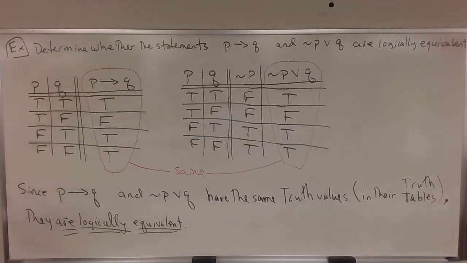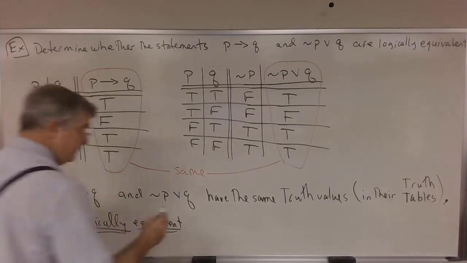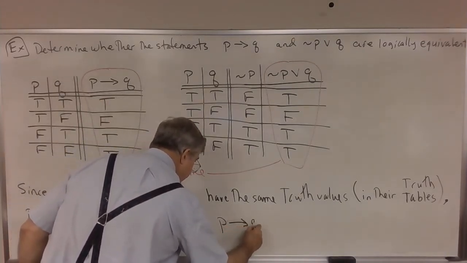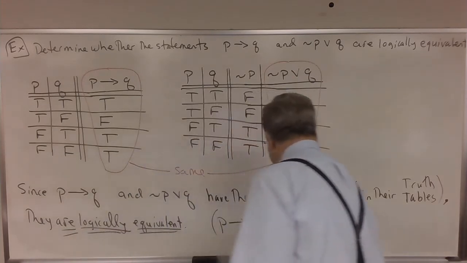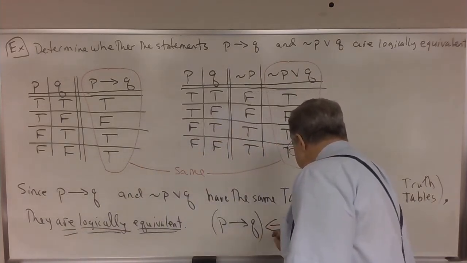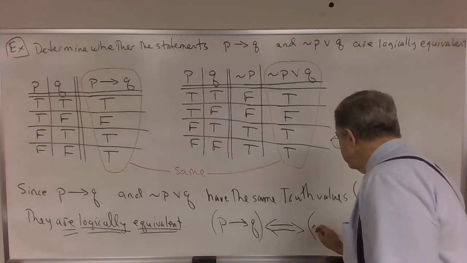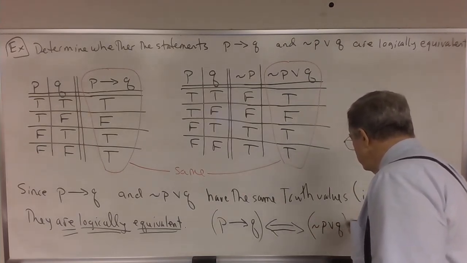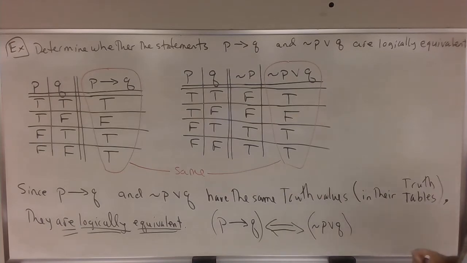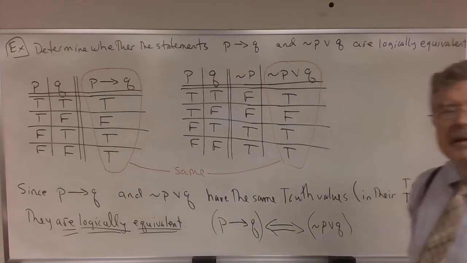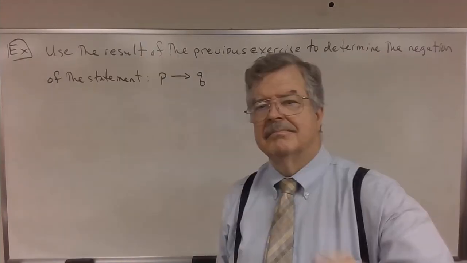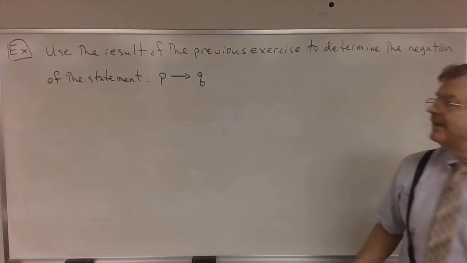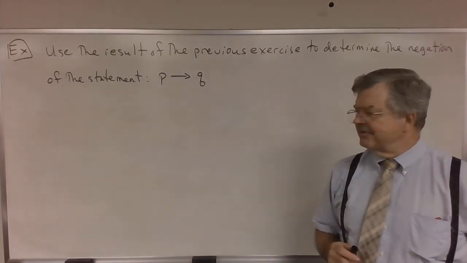So I guess maybe I can put the icing on the cake here and write P implies Q is logically equivalent to not P or Q. Okay. This is a nice exercise.